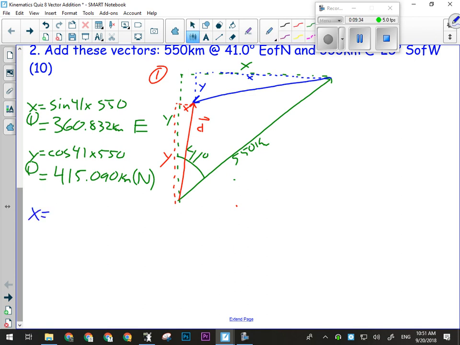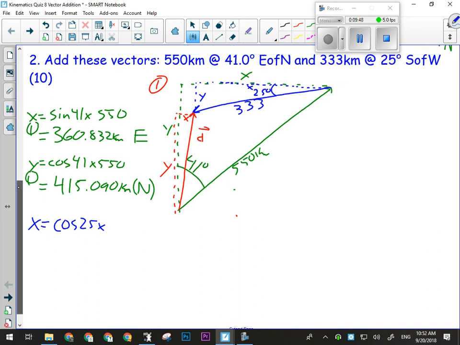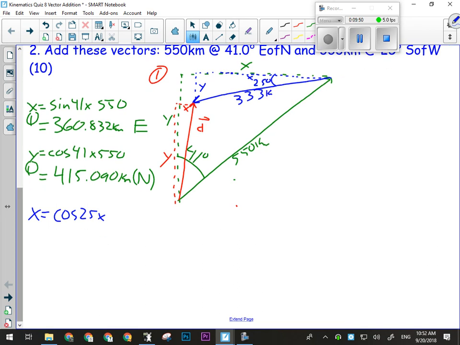Okay, blue X. Whoop, I forgot to put the angle in there. It was 25 degrees, right? So blue X is going to be the cos of 25 degrees times 333, right? Yeah, kilometers. And y is the opposite side, sine of 25 times 333.